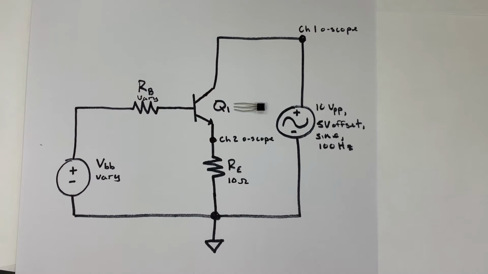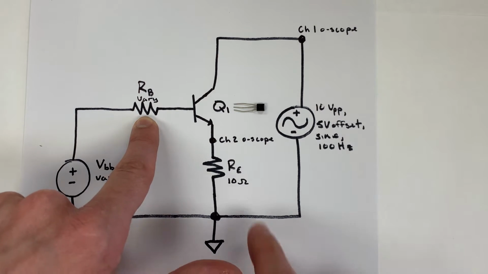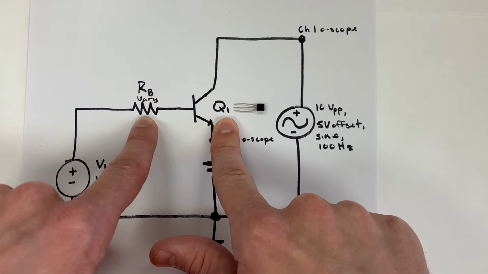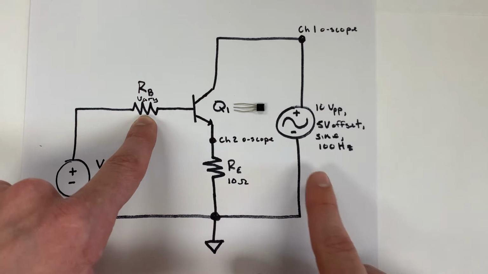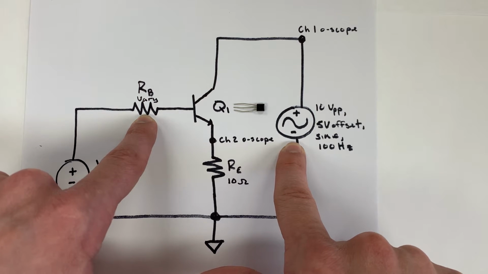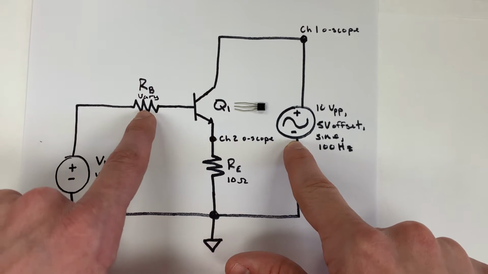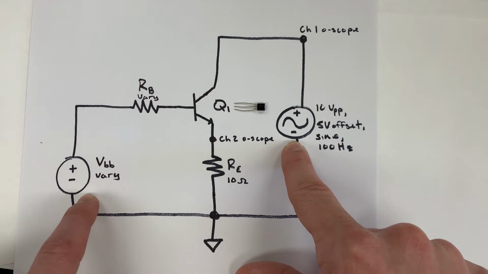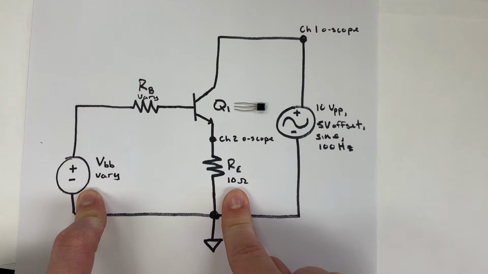For part A, we'll be using this schematic where we have a varying resistor, our 9014L BJT, a 10 volt peak to peak signal provided from our function generator, a varying voltage, and then a resistor of 10 ohms.